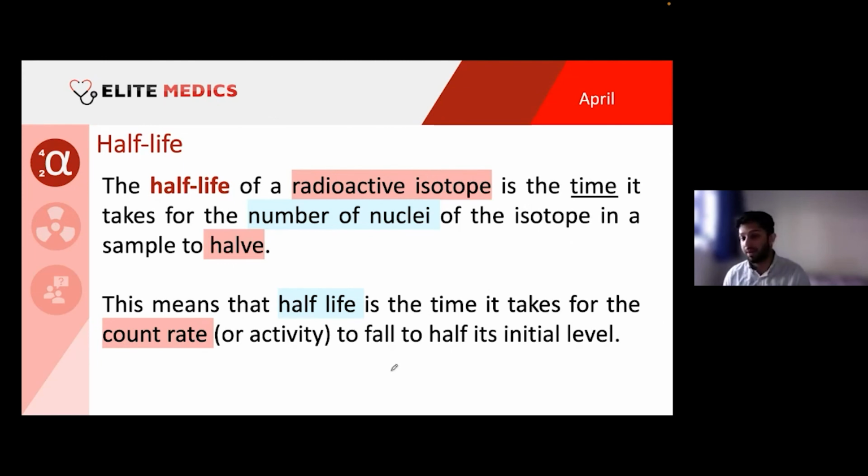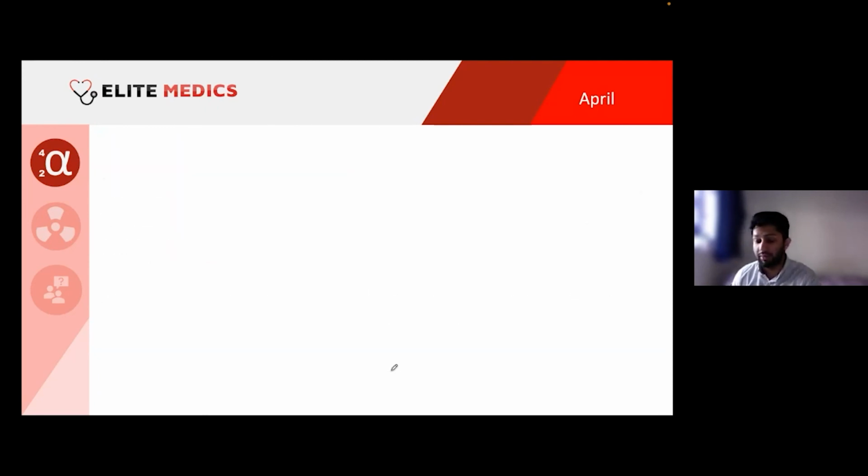It's a good thing to bear in mind. It's not just the number of nuclei that will halve, but if the number of nuclei halve, then naturally the activity or the count rate is going to halve, because there are fewer active atoms in the nucleus trying to decay and give off this nuclear radiation. So alpha, beta, gamma, etc.